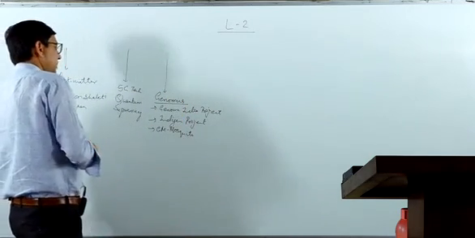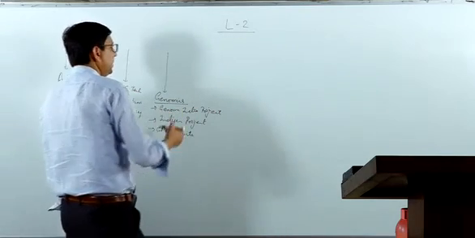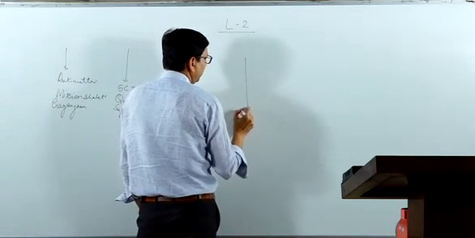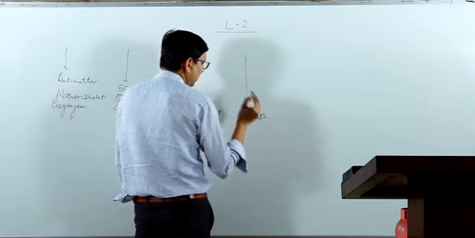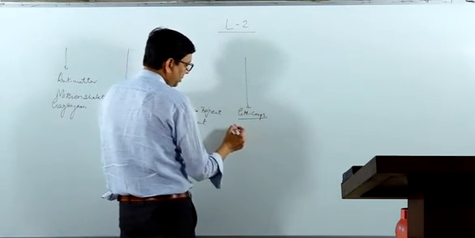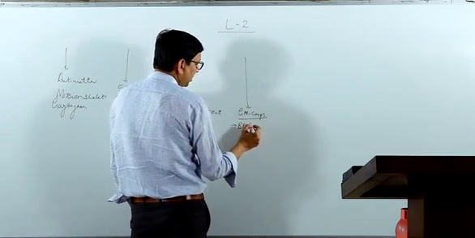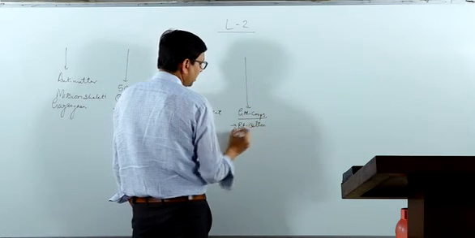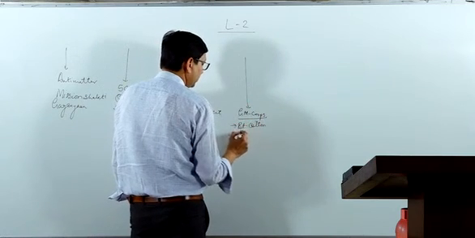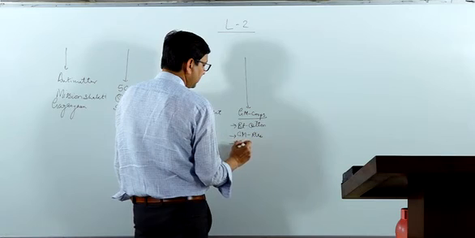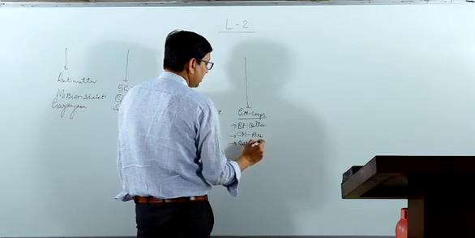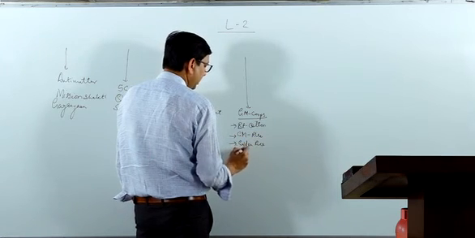Once this discussion about genomics is completed, we'll move towards GM crops. In GM crops, we can talk about BT cotton. Then we can talk about GM rice, golden rice, transgenic rice.